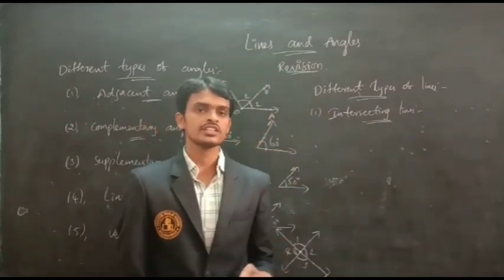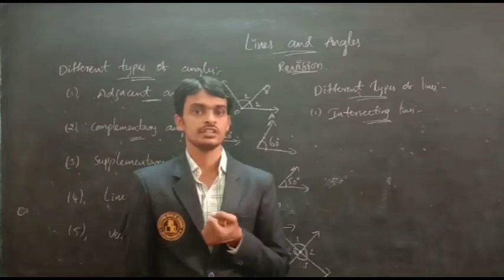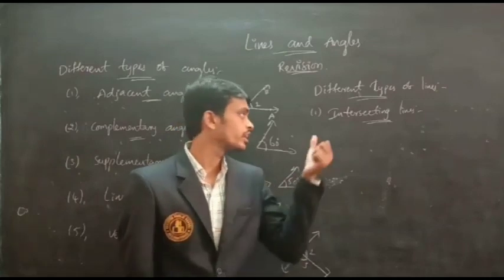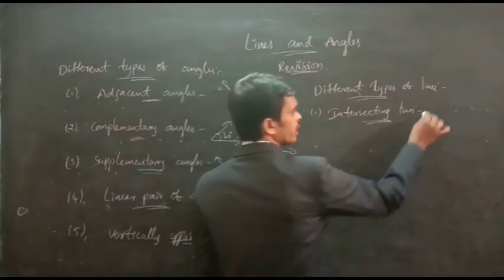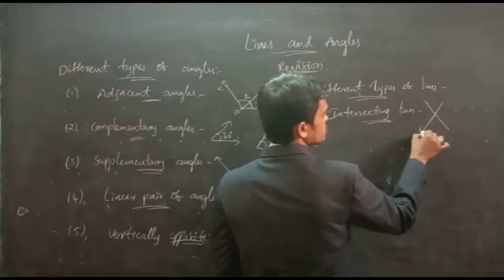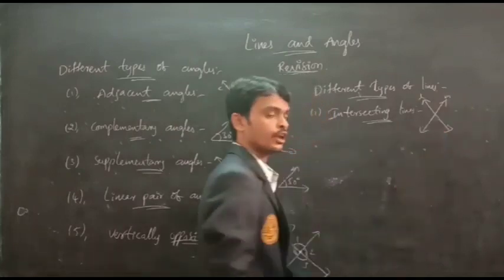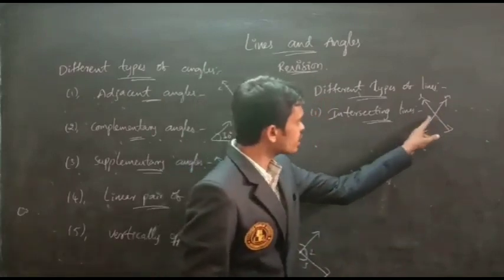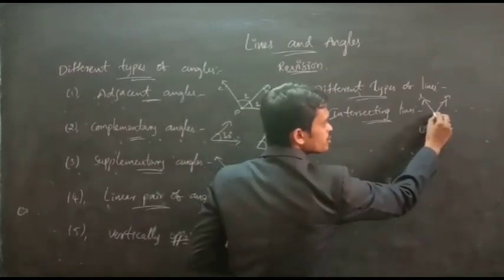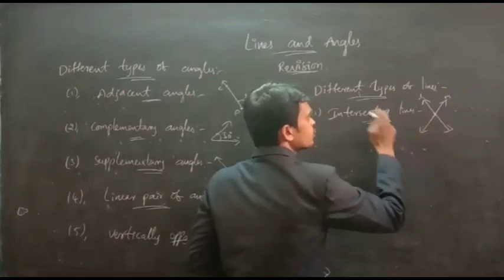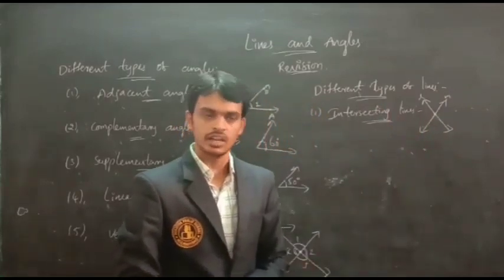If two lines have a common point, then the two lines are said to be intersecting lines. So an example is like this. This is line L and line M. Two lines have a common point, then these two lines are said to be intersecting lines.